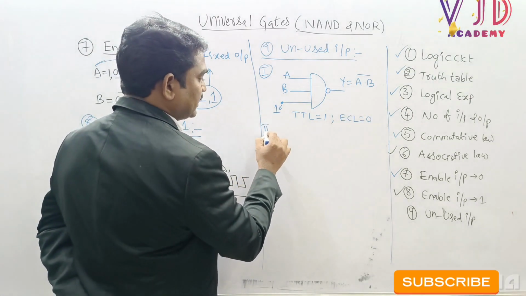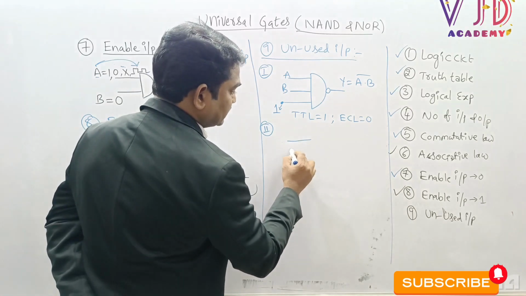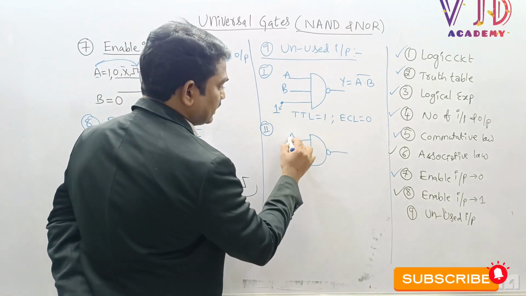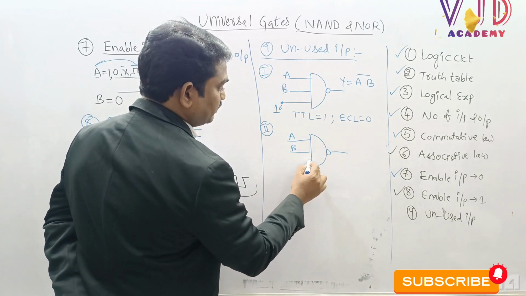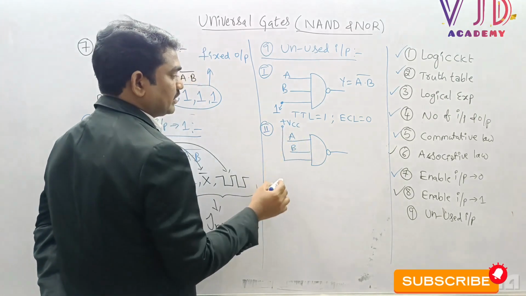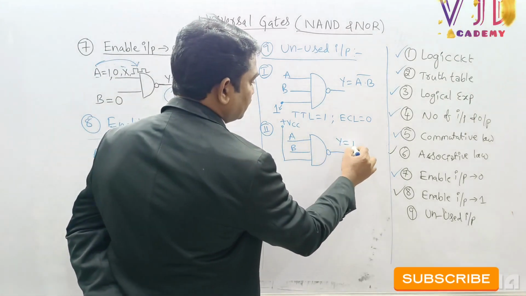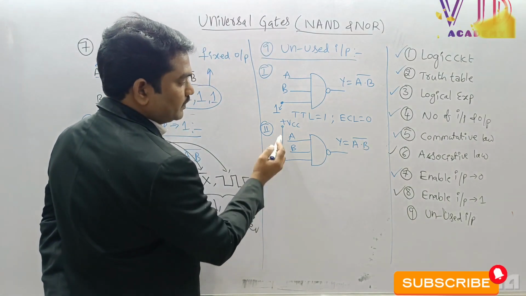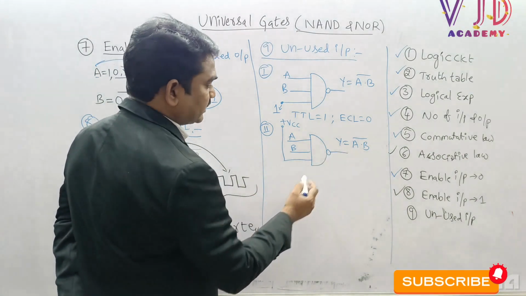And now case 2, let us try to understand. This is the NAND gate with inputs A and B, and the third input we can connect to plus VCC, the collector supply voltage. Y equal to A into B whole bar. Even if we connect the third input to plus VCC, the circuit can act as a NAND gate.